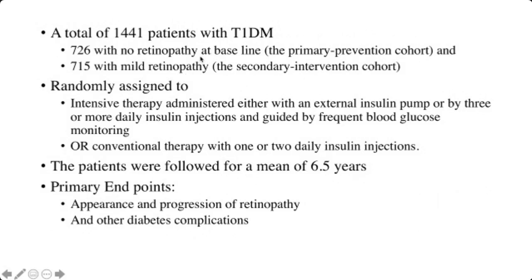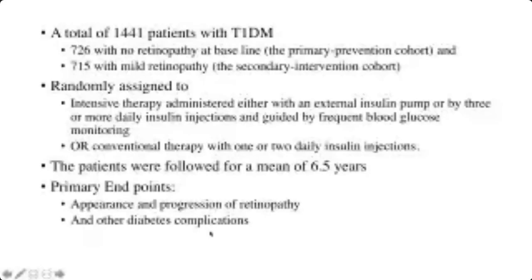They randomized these patients to either intensive therapy, using an insulin pump or multiple doses of insulin with 3 or more daily injections, or conventional therapy with 1 or 2 daily insulin injections. The patients were followed up for a mean duration of 6.5 years, and the primary endpoint was the appearance and progression of retinopathy and other diabetes complications like albuminuria.